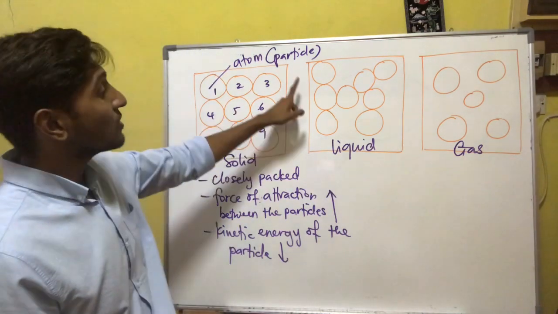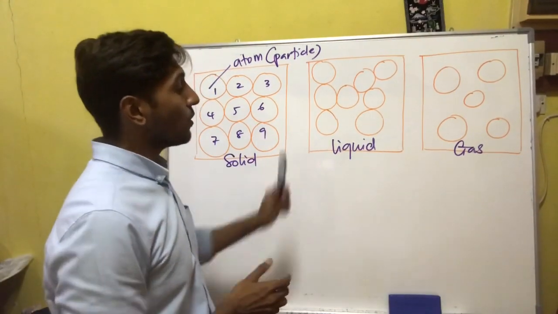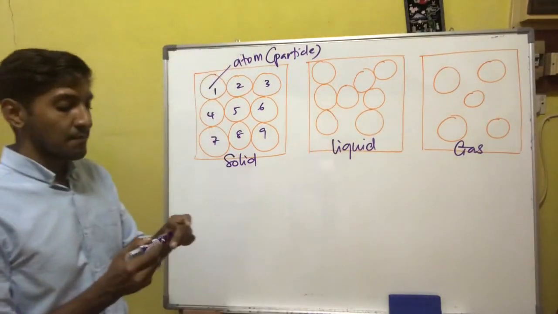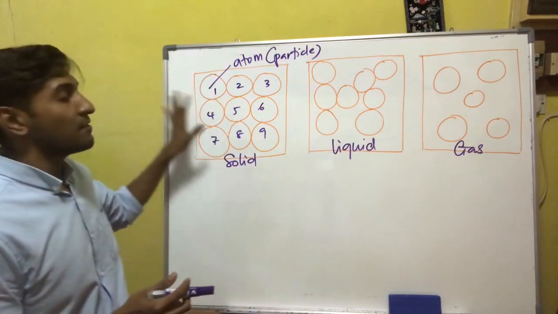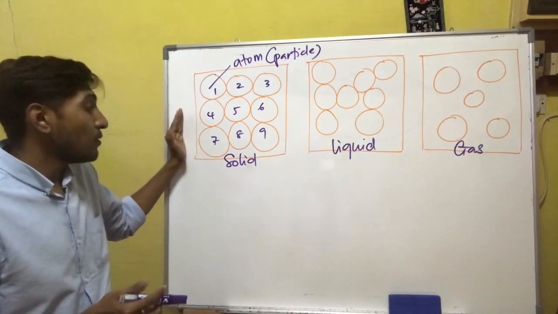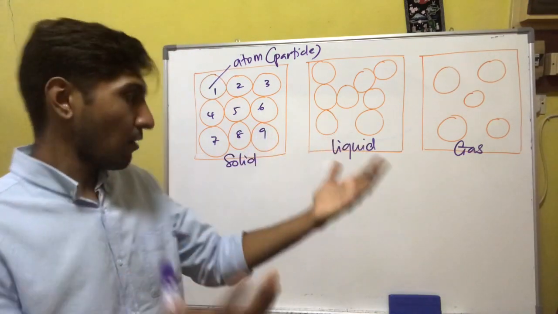We're going to talk about liquid later. Okay, now we're going to talk about liquid. When we're talking about liquid, as we can see, it is still closely packed, but it cannot beat solid because, as we know, solid has the most closely packed particles among all three.